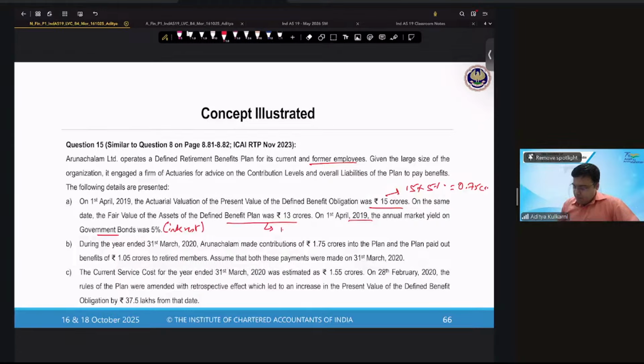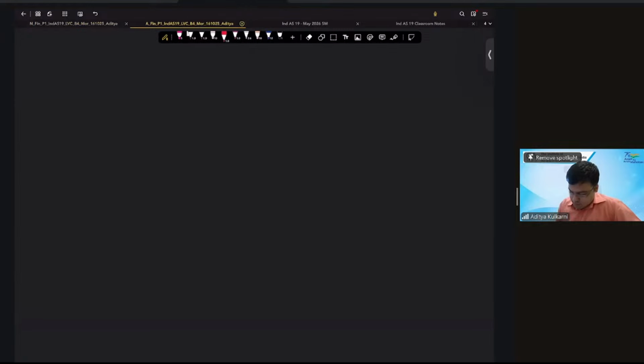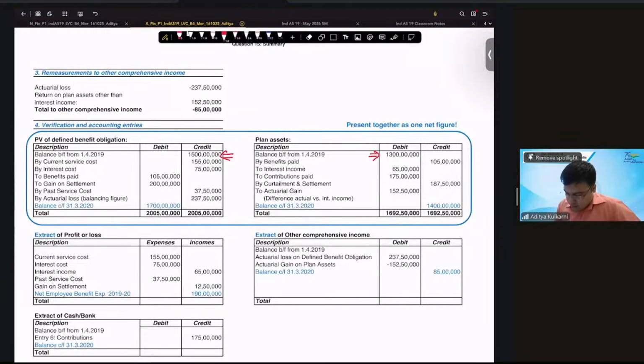And on the benefit, 13 into 5%, 0.65 crores. Any doubts here? No doubt, sir. बस तो इसका इफेक्ट दे दें अभी. So interest cost is a credit in the obligation.